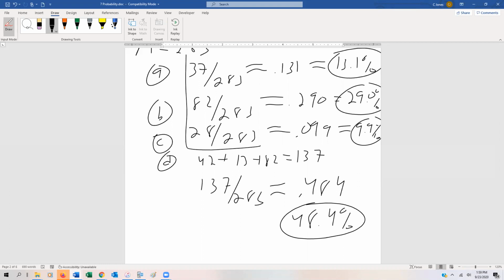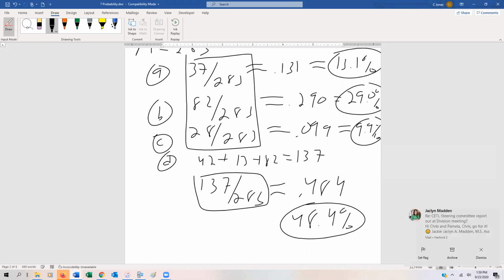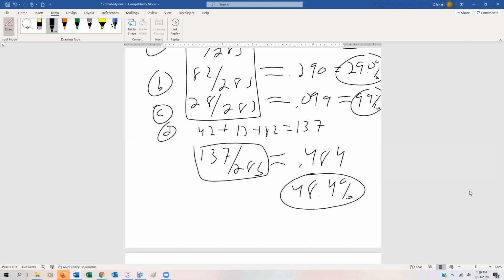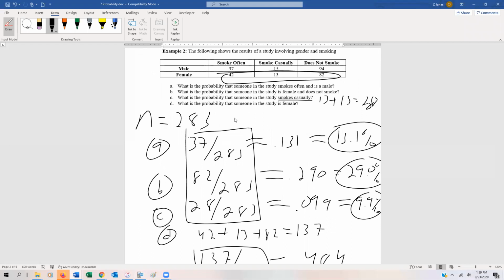When you give me your answers, if you just want to leave it in the fraction form, that's fine. One thing to note, you shouldn't ever go through and reduce the fractions. The reason you don't want to do that is because this fraction, 37 out of 283, tells us how many successes divided by the total number in the study that we were looking at.